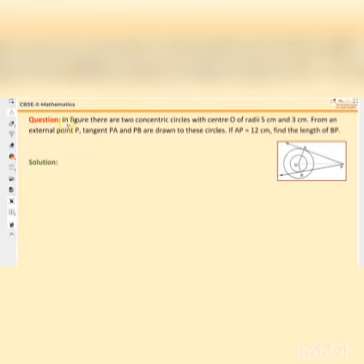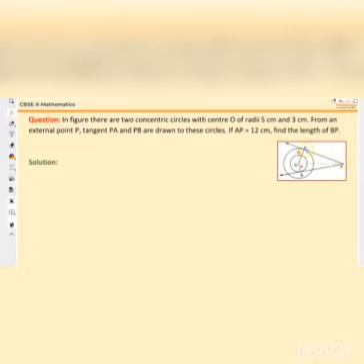This question says that in this figure there are two concentric circles. This is one circle and this is the other circle. They are saying that the radius of one of them is 5 and one of them is 3. Let us say this is 3 and this is the 5, the longer one. From an external point P, two tangents are drawn to both the circles.